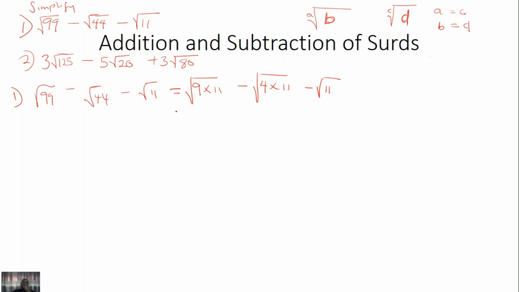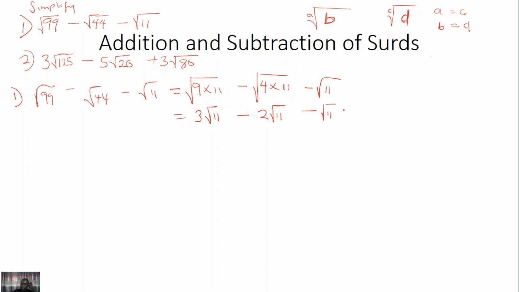And this will be equals to, root 9 is equals to what? 3. Root 11 minus root 4 is 2. Root 11 minus root 11.